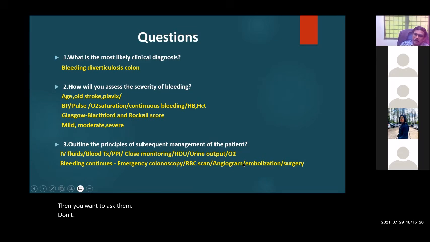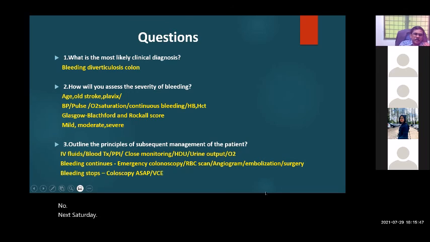In places where they can do the catheter angiogram, they can use embolization at the same time. So in most centers, you do emergency colonoscopy or CT angiogram. Nowadays, CT angiogram is done in many hospitals. And then decide whether you need to do emergency surgery or treat conservatively.